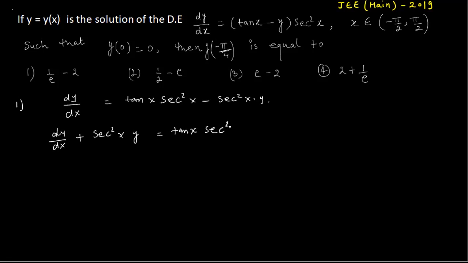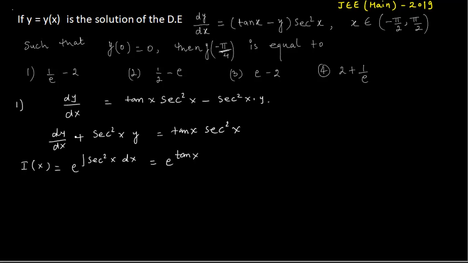So let us find the integrating factor, which is nothing but e raised to the power integral of sec square x dx, which becomes e raised to the power tan x.